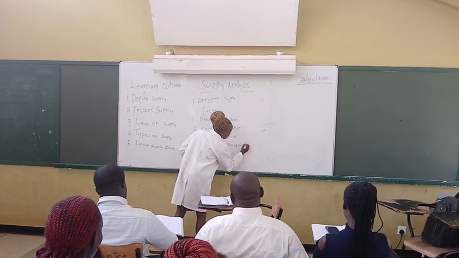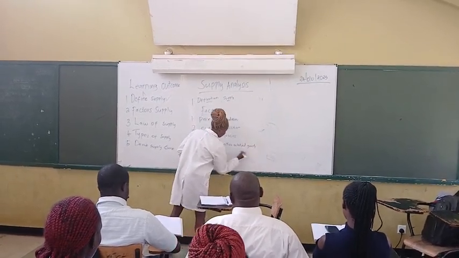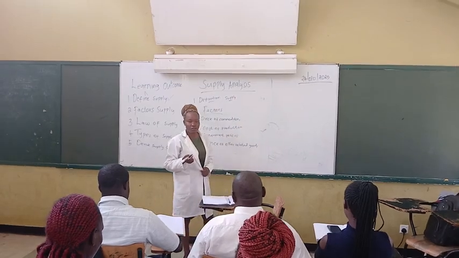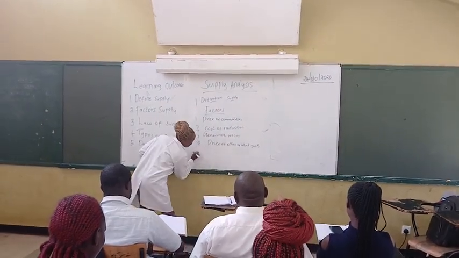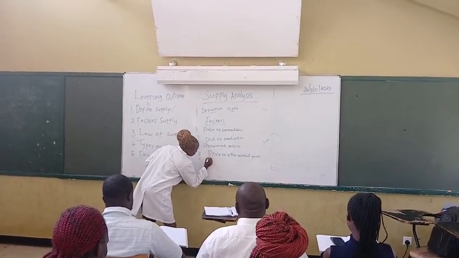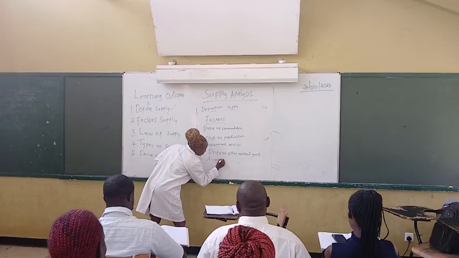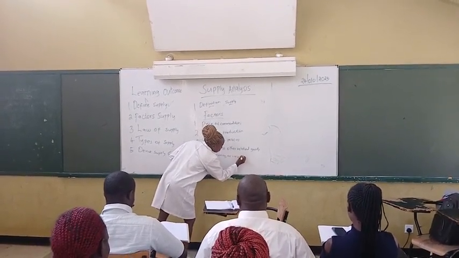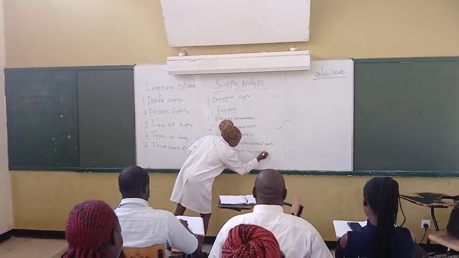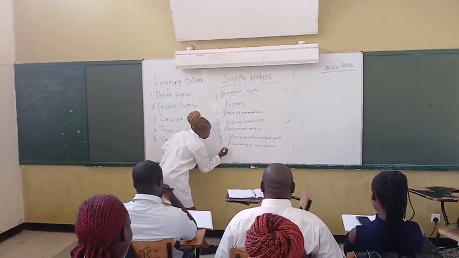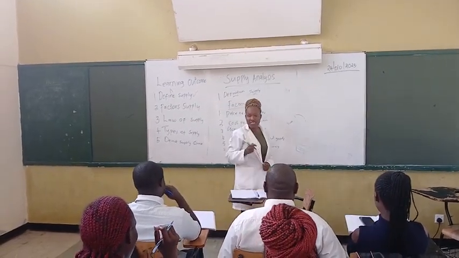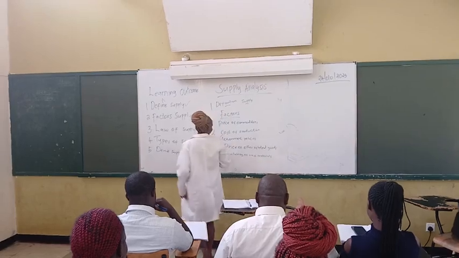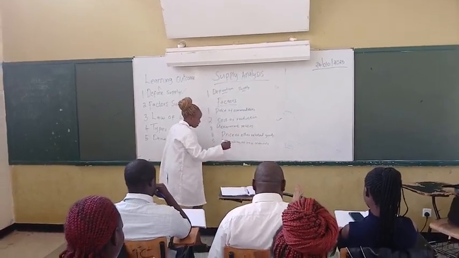Fifth one, availability of raw materials. The last one, Jensen. Expectation of future prices. Okay, future expectations of prices.